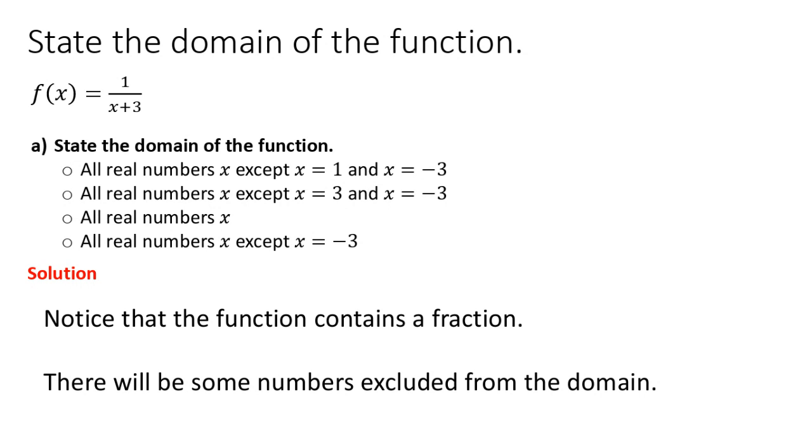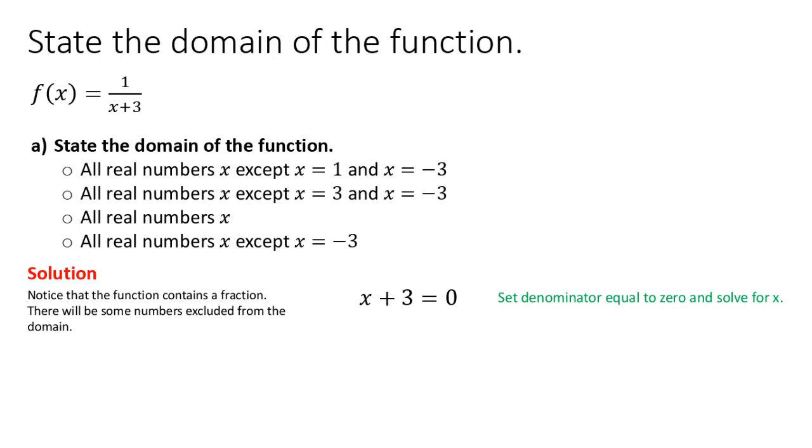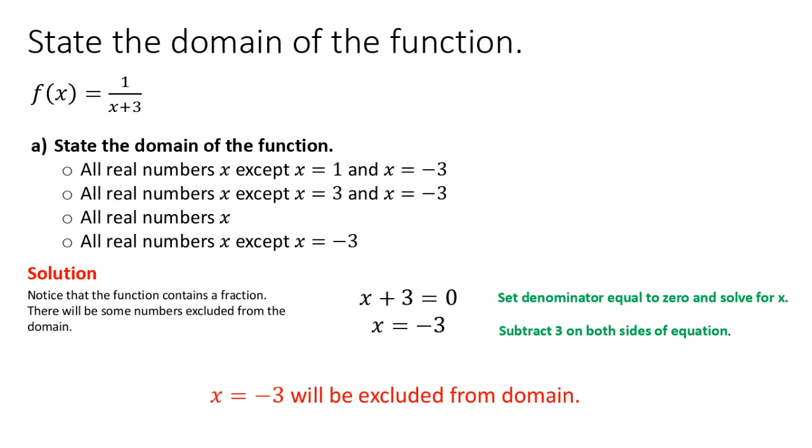To figure out what those numbers are, you take your denominator, in this case x plus 3, and set it equal to 0. So x plus 3 is equal to 0. If I subtract 3 on both sides, I get x is equal to negative 3. What this tells me is that my domain can be anything except for x equals negative 3. Why?